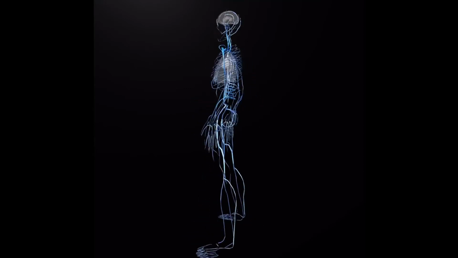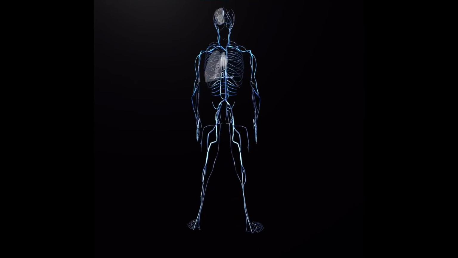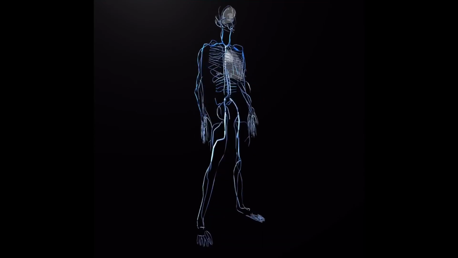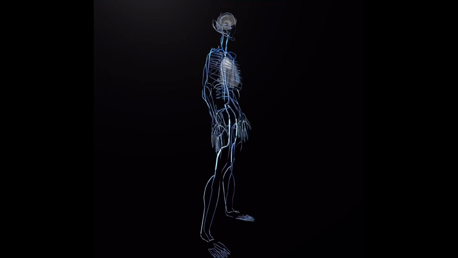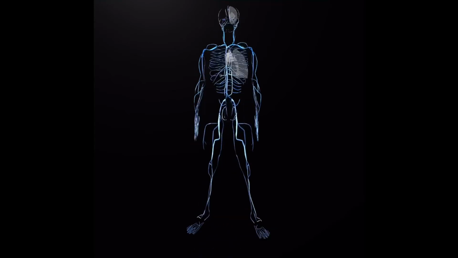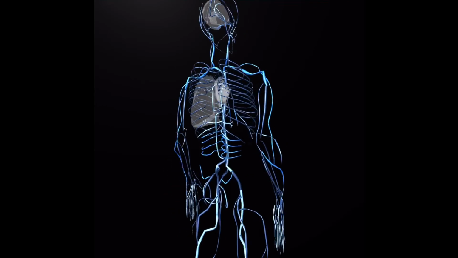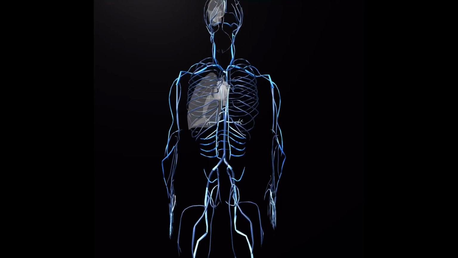However, it's not that one side of the body is carrying oxygenated blood and the other side of the body is carrying deoxygenated blood. Remember, it's a network spread across the entire body. Okay, so this is the network of your veins. So the veins carry deoxygenated blood.